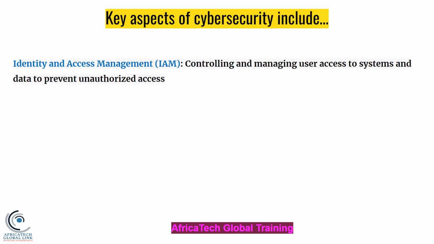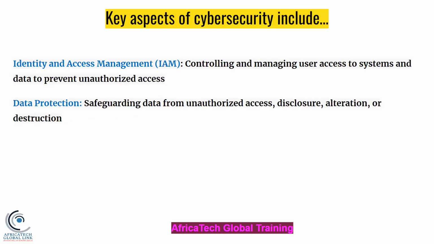But they just gave you access to the building that you needed, right? This is identity access management. You have user access to only this computer. You don't have access to this computer. That's how in cybersecurity they ensure that everything is secure.